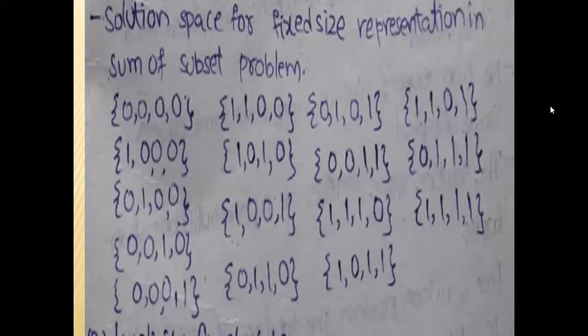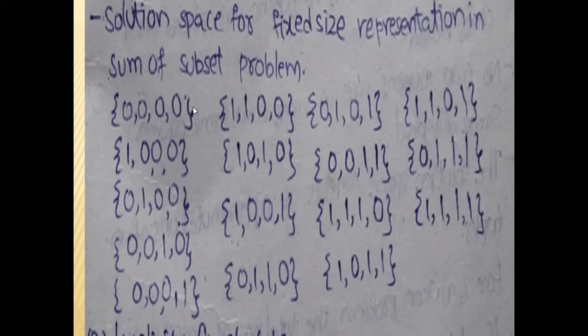Fixed size representation means the elements which are considered in the sum are represented by 1. The elements which are not considered in the sum are represented by 0.